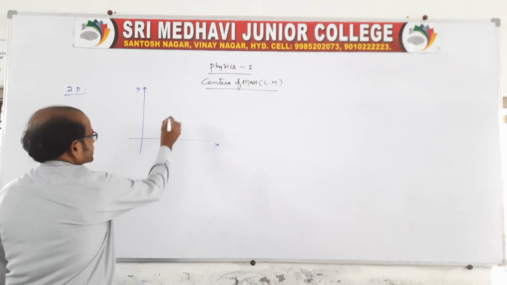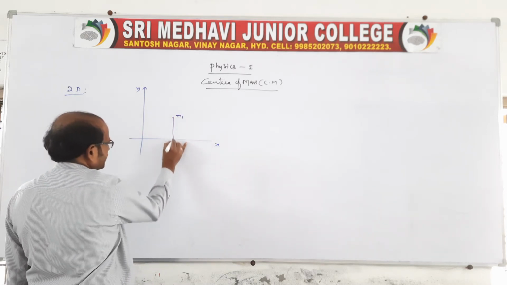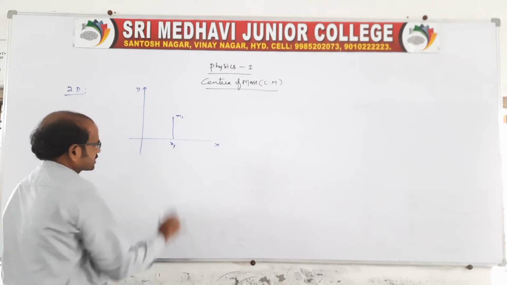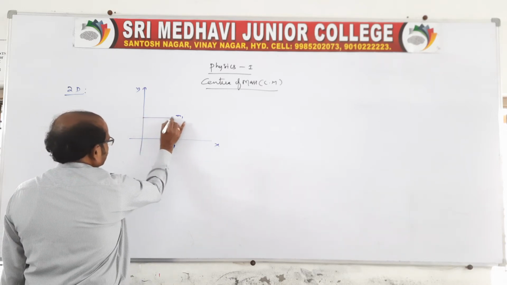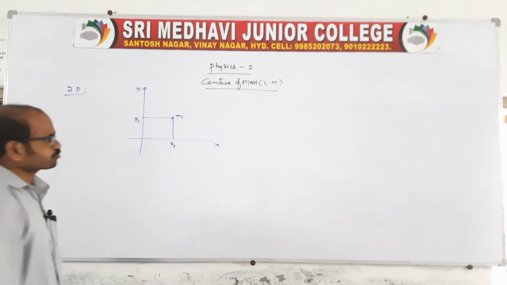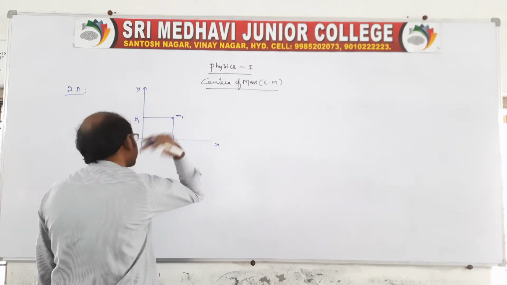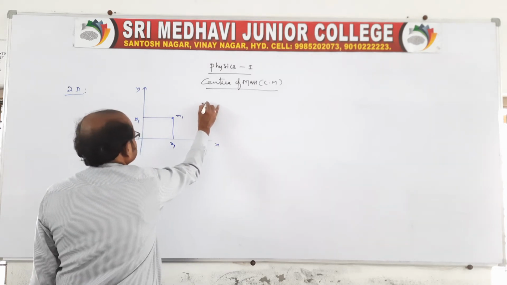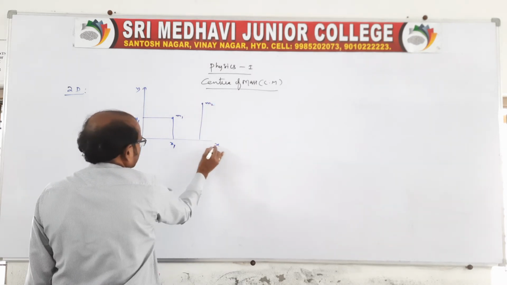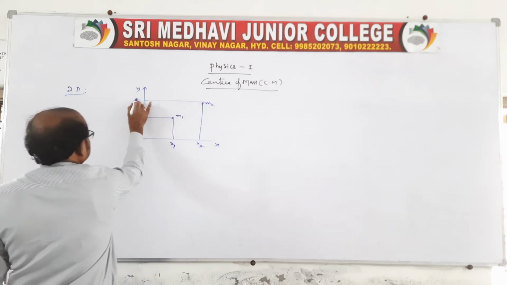One particle of mass m1 is located from the y axis at a distance x1 and from the x axis at a distance y1. Take another particle of mass m2, located at x2 and y2.